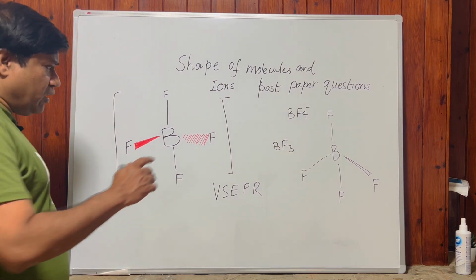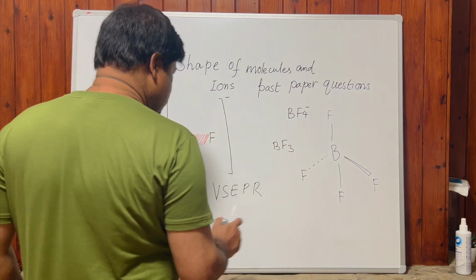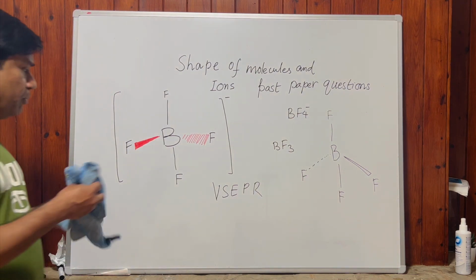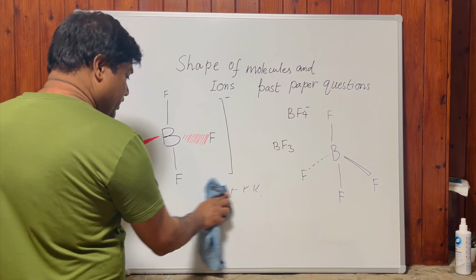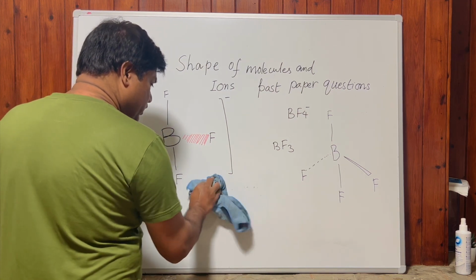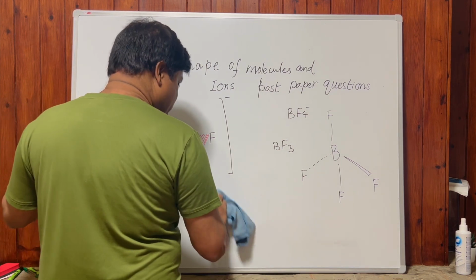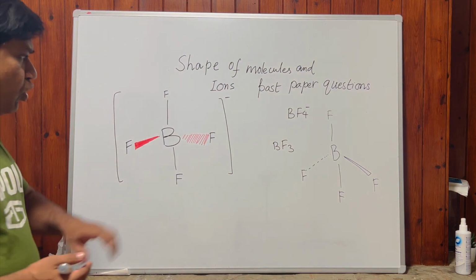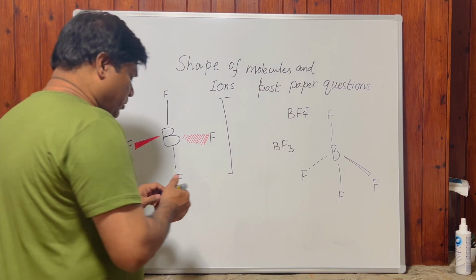So this BF4 minus closely resembles the methane molecule structurally, not in the chemical properties and the physical properties, only similar to the methane molecule.